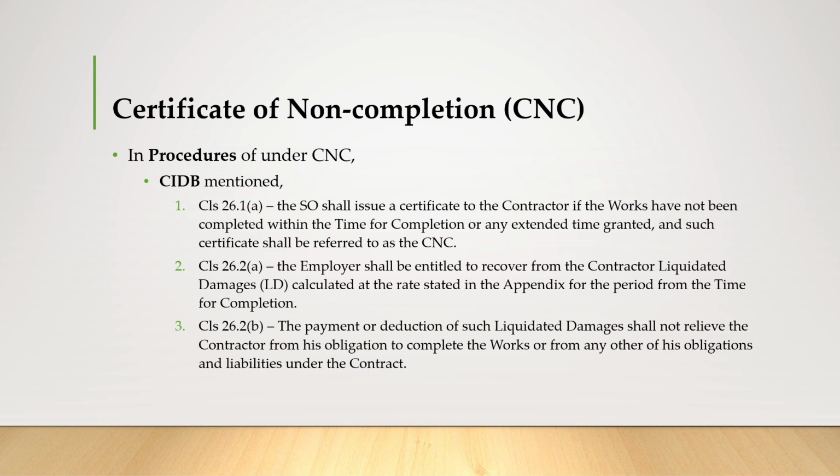The employer shall be entitled to recover from the contractor LD calculated at the rate stated in the appendix for the period from the time for completion. And lastly, the payment or deduction of such LD shall not relieve the contractor from his obligation to complete the works or any other of his obligations and liabilities under the contract.